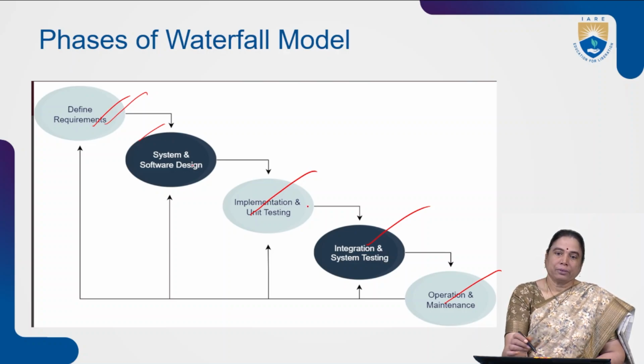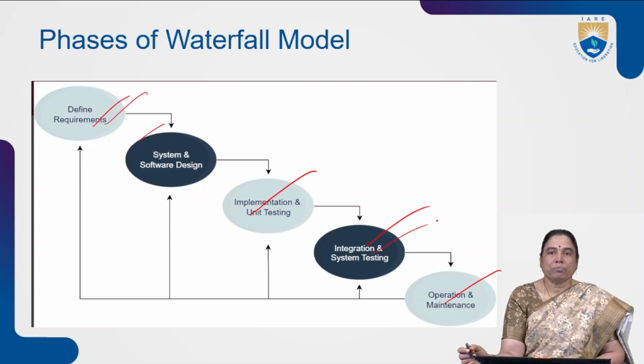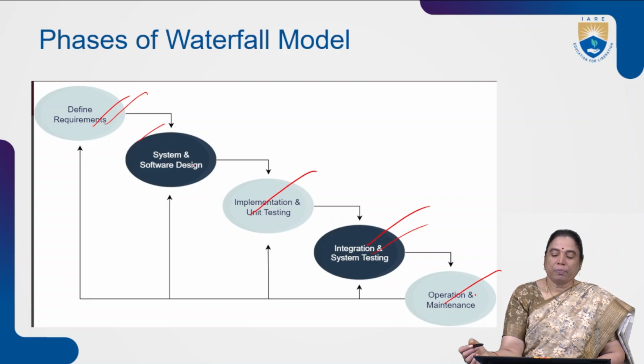After units are tested, they can be integrated. The whole system must be thoroughly verified, and after user acceptance it is deployed onto the user site. The operation and maintenance activities, including re-engineering, are carried out in the last phase of the life cycle.